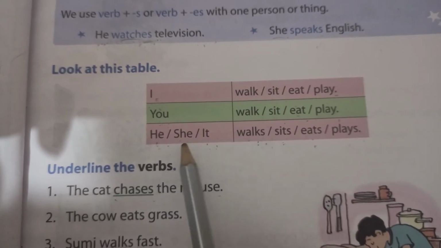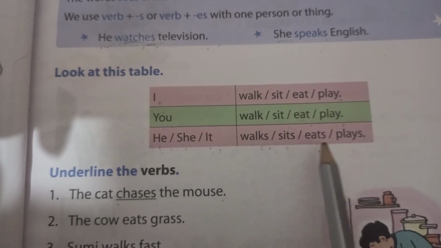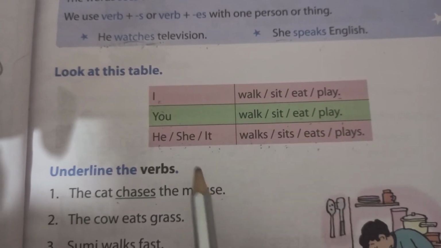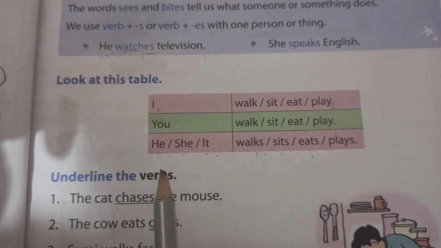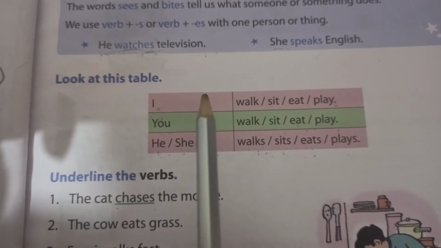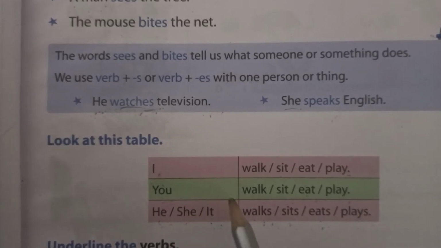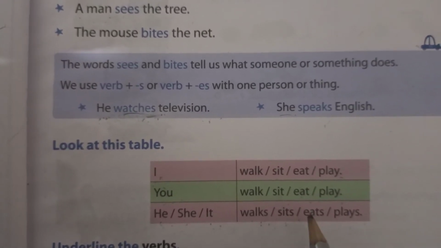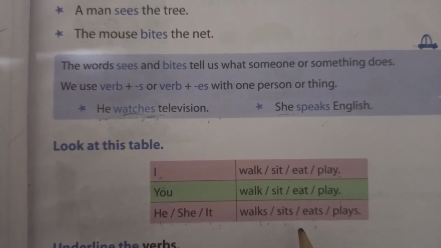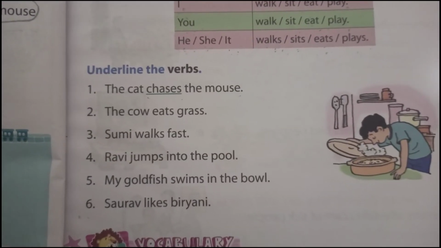It walks, it sits, it eats and it plays. So always remember, when a verb comes after a singular noun, it ends with s or es. And if a verb comes after a plural noun, we don't use s or es at the end of the verb. Now look at the exercise given here.